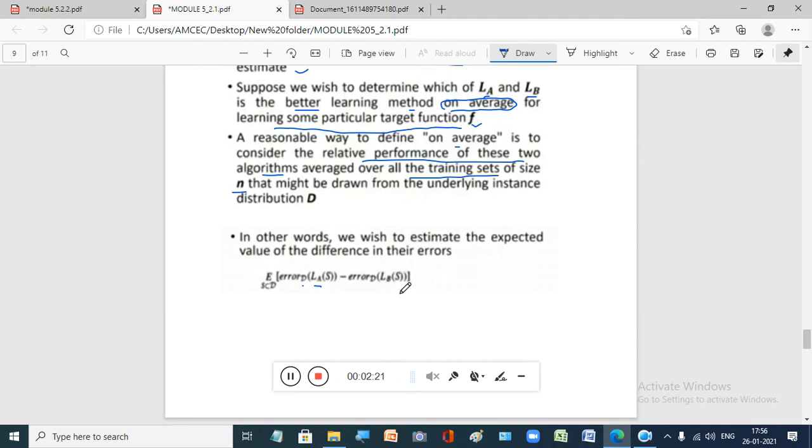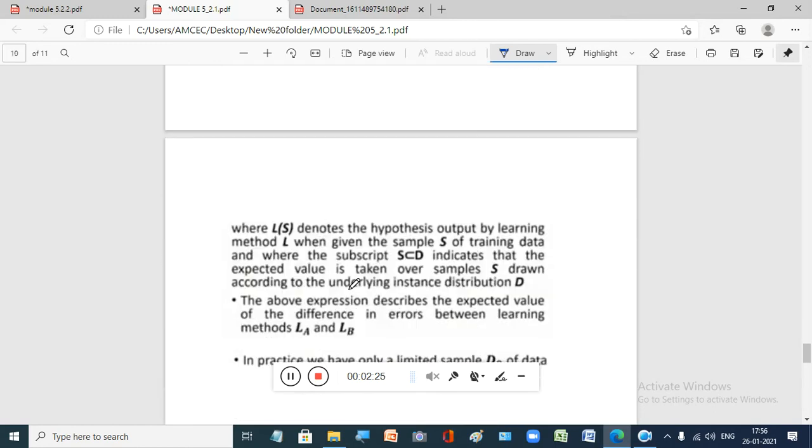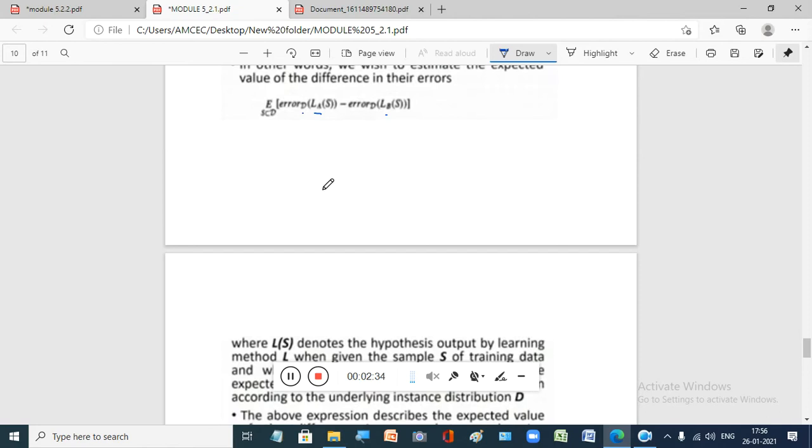Here L of S denotes the hypothesis output by learning method L. So L of A means the first algorithm A, and L of B means the second algorithm B. That is the hypothesis you are going to test.